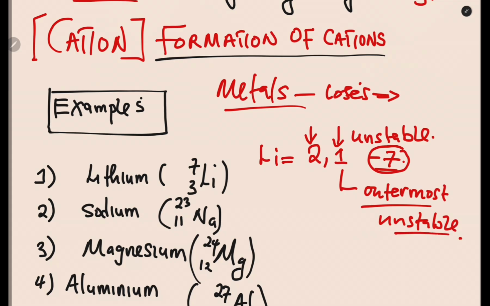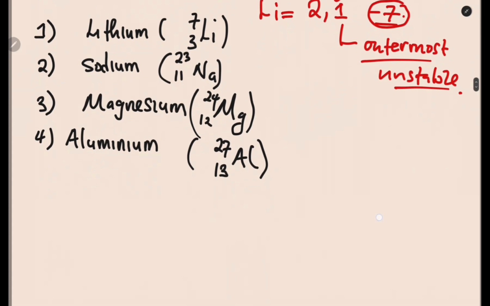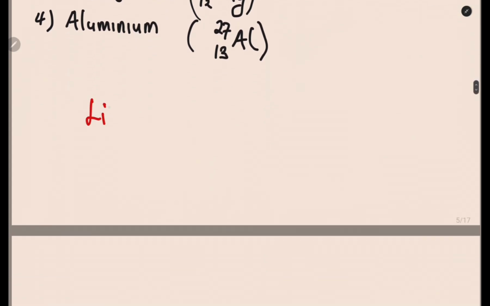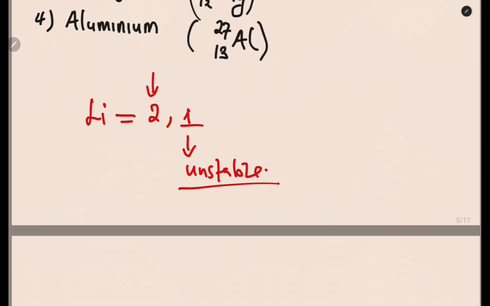So in order for lithium to gain stability, what is going to happen? The configuration of lithium is 2, 1. The first shell is stable, but the second one is unstable. In the outside shell, the required number of electrons for stability is 8, and there's a shortage of 7.